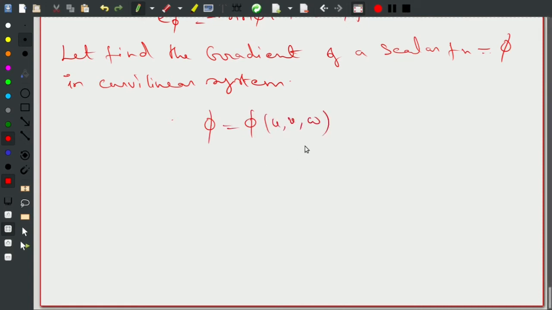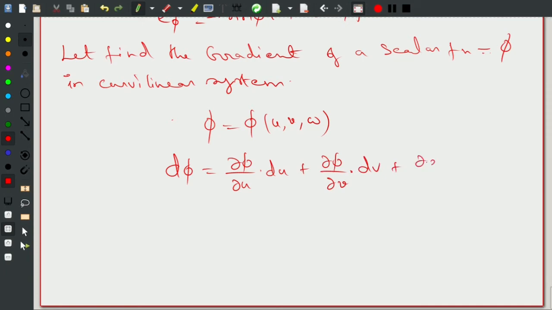So let's find d phi. Since it's a function of u, v, and w, we have to find the partial derivatives: d phi is dou phi by dou u into du plus dou phi by dou v into dv plus dou phi by dou w into dw.